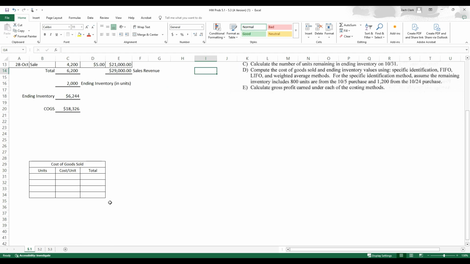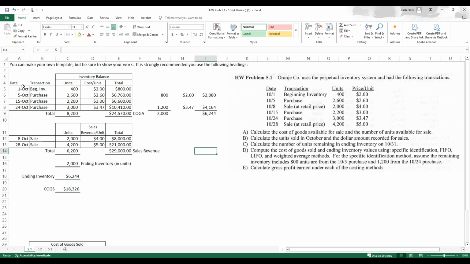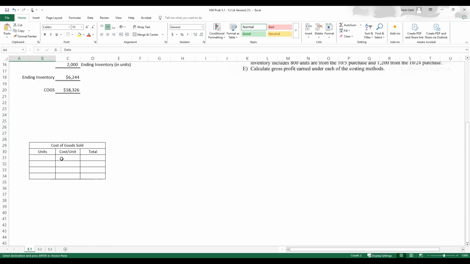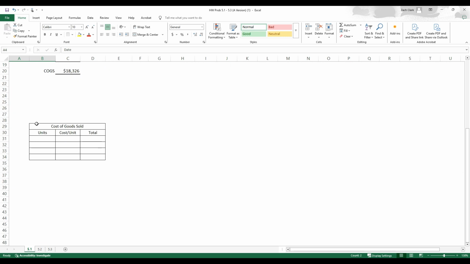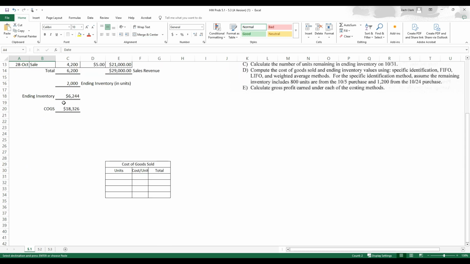So like I was showing you here, I pulled down this other information, the cost of goods sold, and also the inventory balance to the side, which is a good method. Let me get a little more room here. So we do want the date in transactions. Okay. So this is the specific identification method.